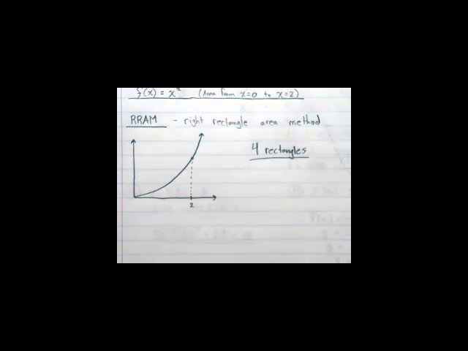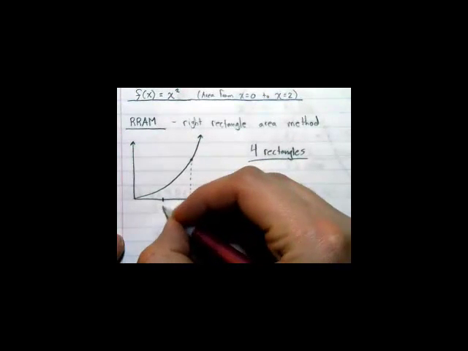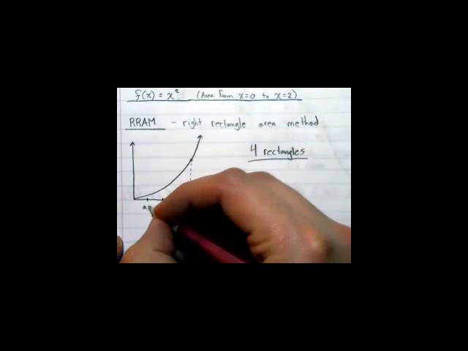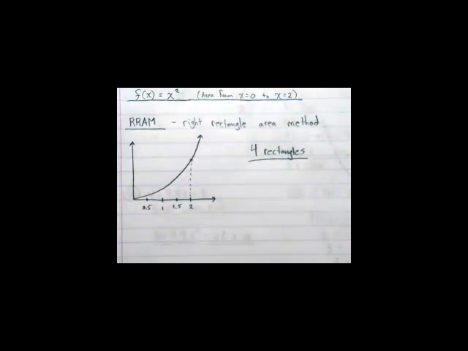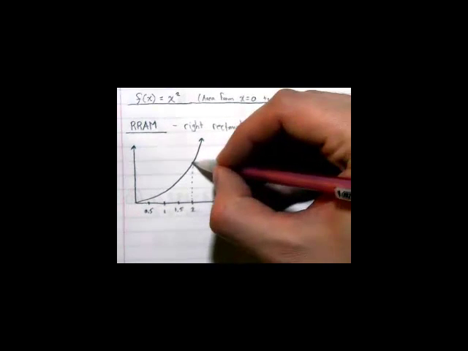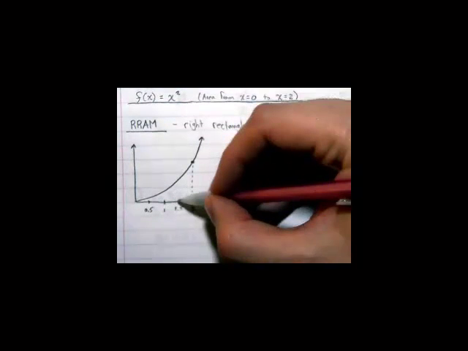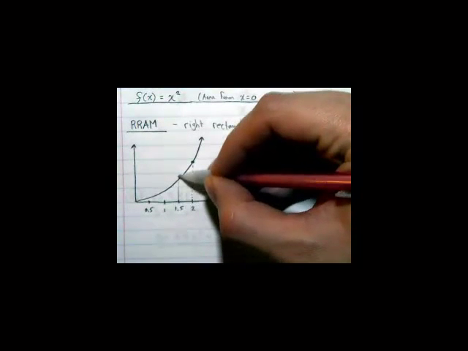That means I need to take my x scale and break it up by halves: 0.5, 1, 1.5, and the right corner of each one of them then.